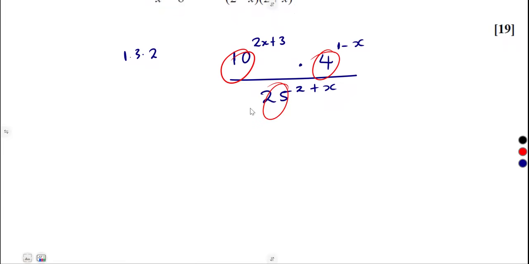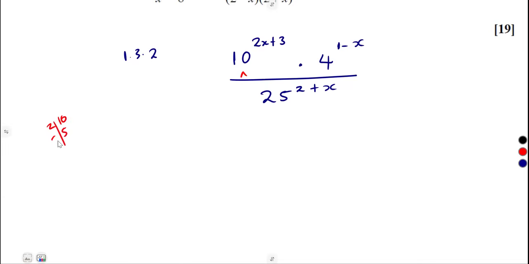Whenever you've got this condition, it's a product, try to rewrite the number as a product of its prime factors so that we can see all the numbers in their simplest form. So let's start with 10.